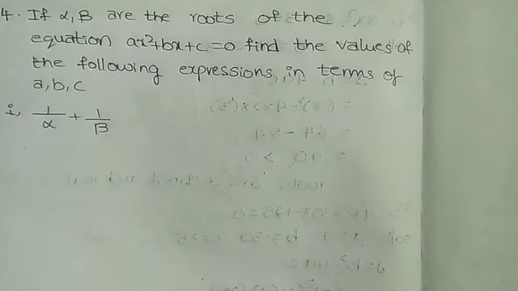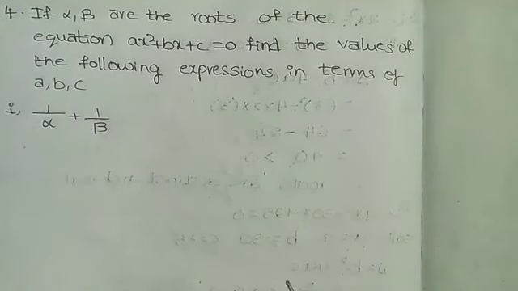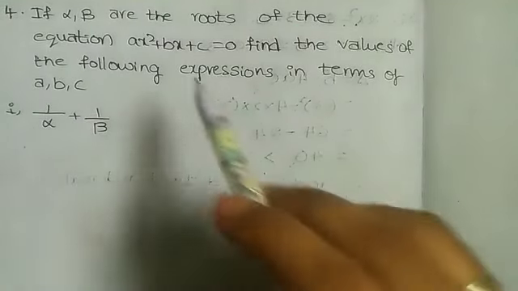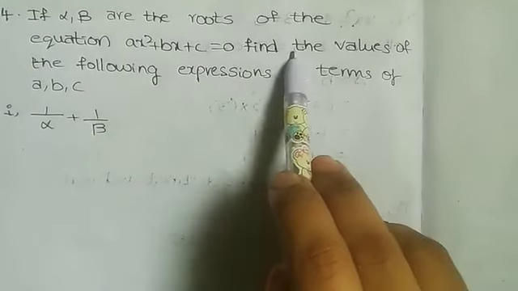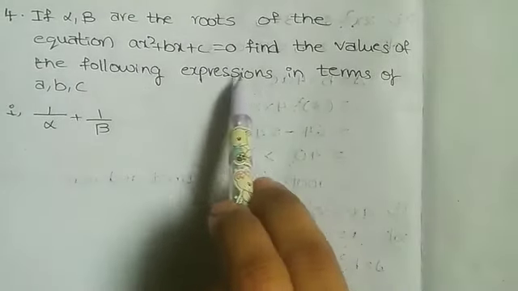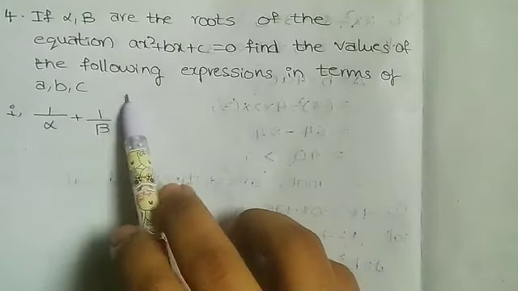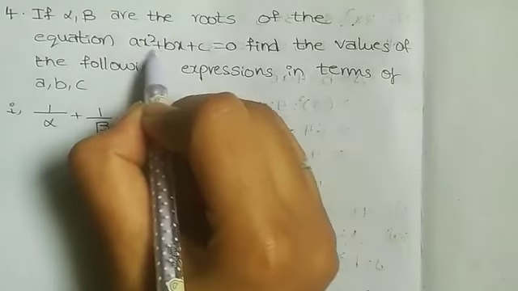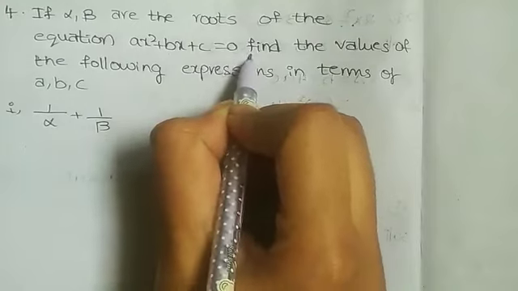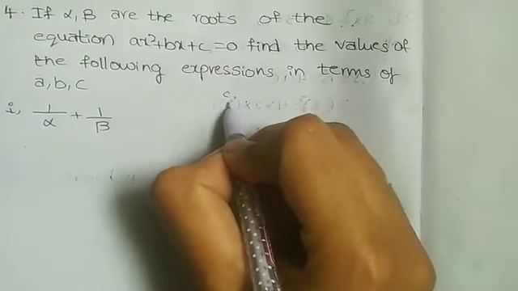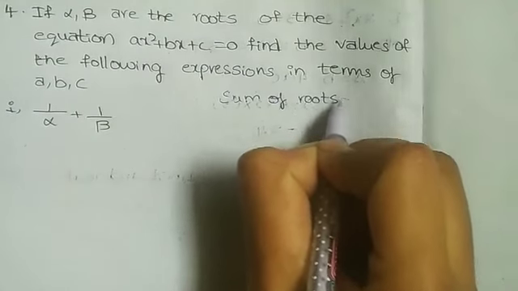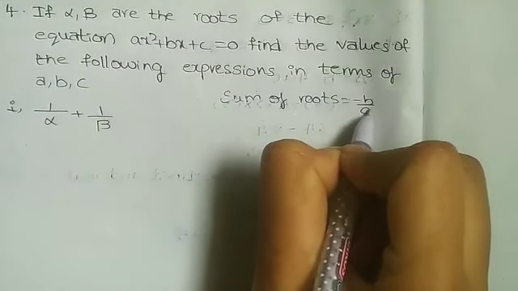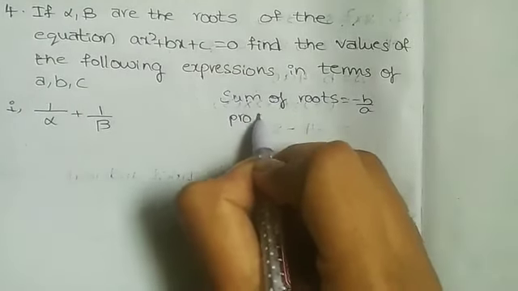And the fourth one is, if alpha, beta are the roots of the equation ax square plus bx plus c, it is a quadratic equation, then we have to find the values of the following expression in terms of a, b, c. First of all, if ax square plus bx plus c is equal to 0 is a quadratic equation, then the sum of roots is minus b by a, and product of roots is c by a.